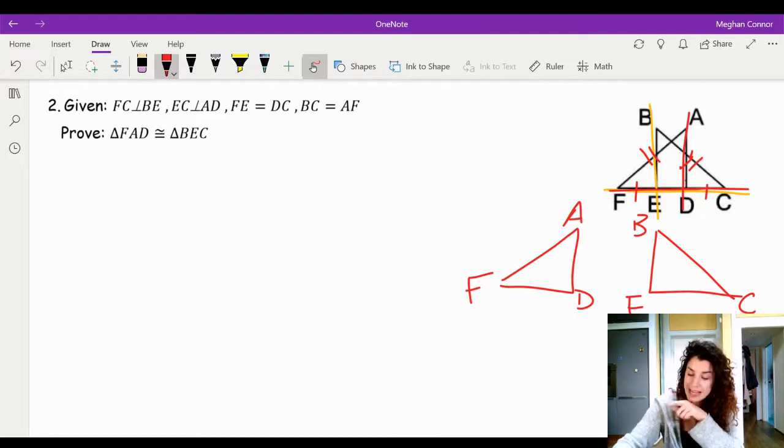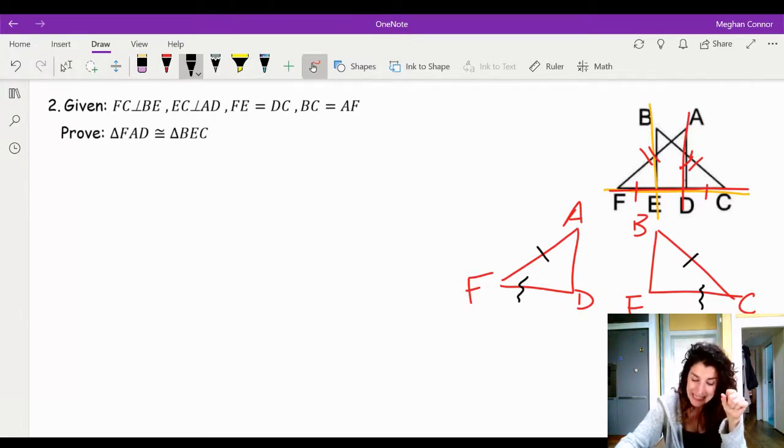Realize I was given that FE equals DC, so that's only a piece, right? I hesitate even to put in a tick mark there, so maybe I'll just put in a little black squiggly to say, okay, I'm given a piece about that. And then I'm given that all of FA is equal to all of BC.